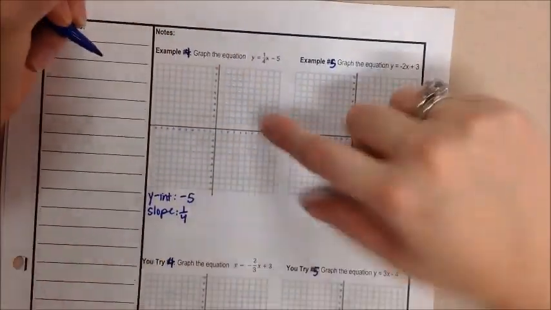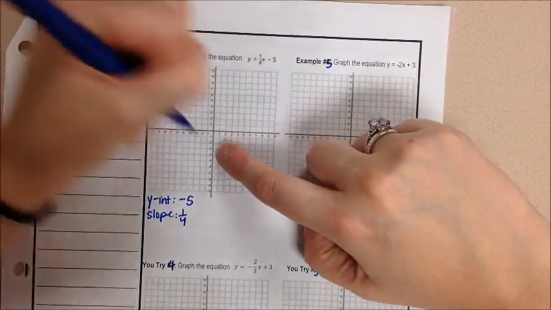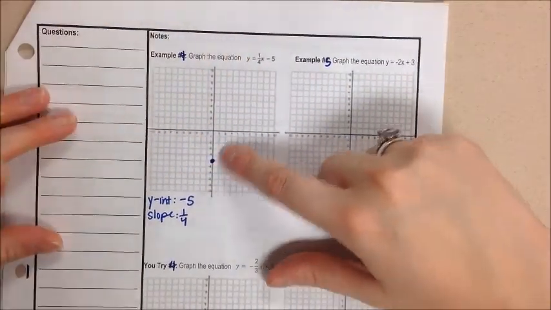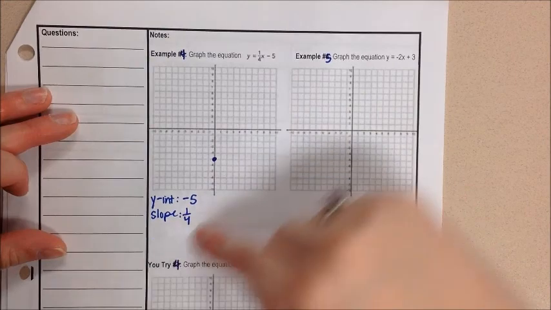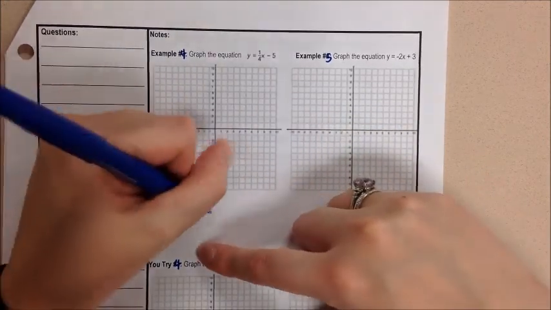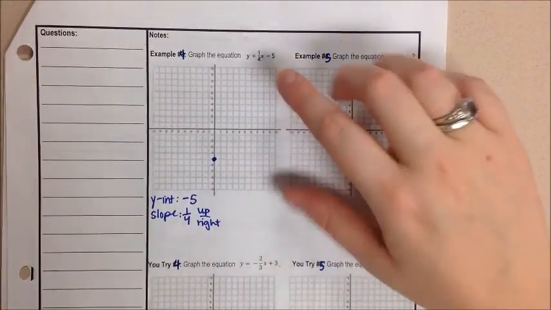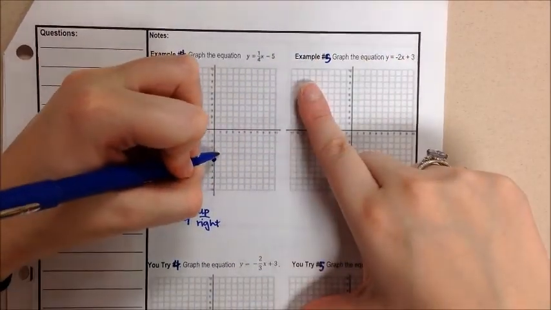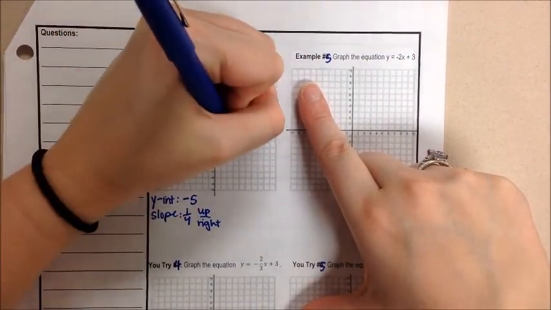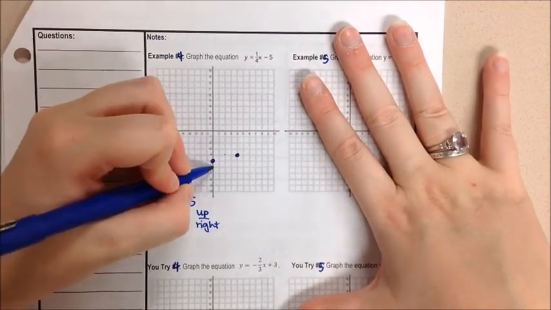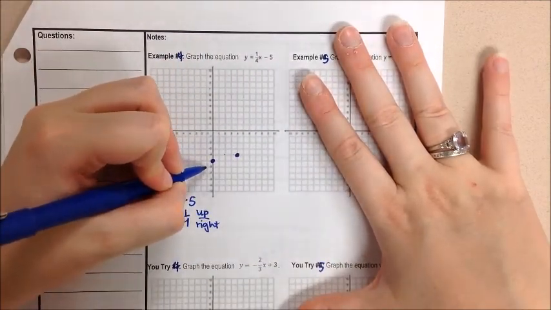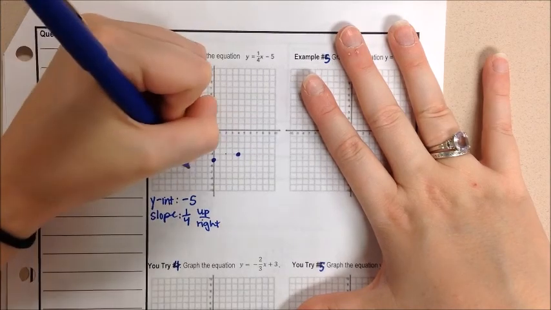So I'm at -5, and then I'm going up 1/4. Remember, up, right. Rise over run. Up 1, 1, 2, 3, 4. Or I can go down and to the left, 1, 2, 3, 4.